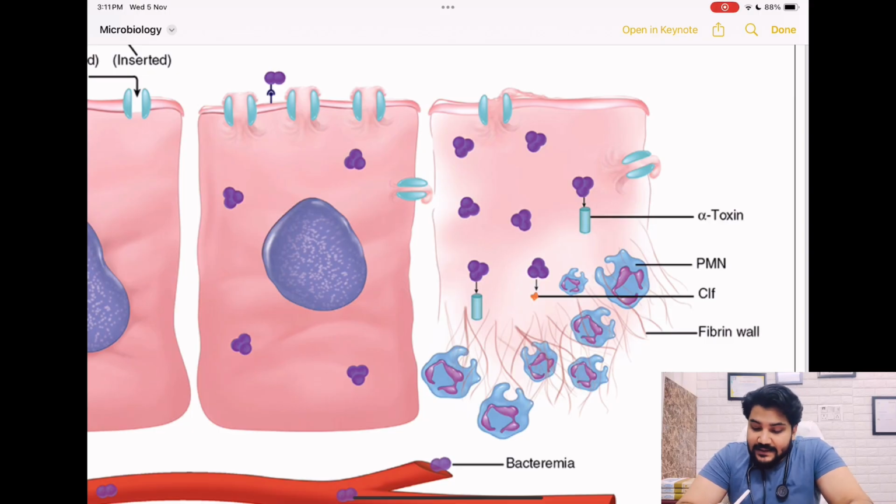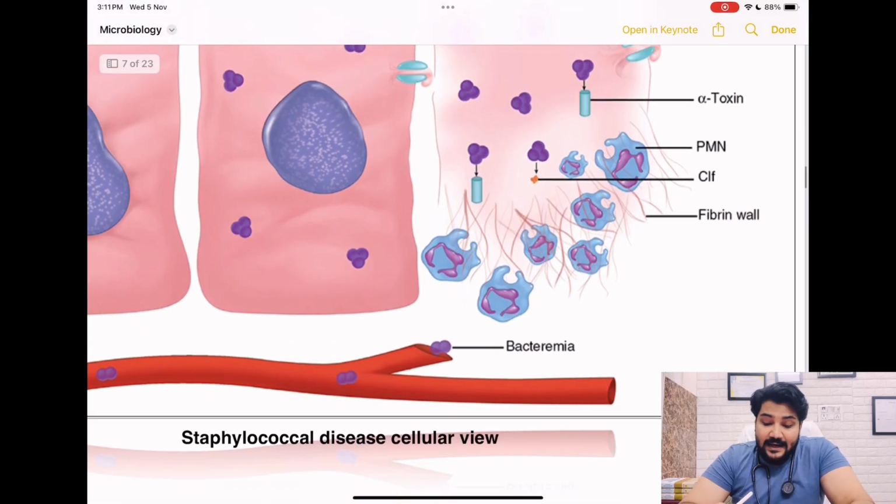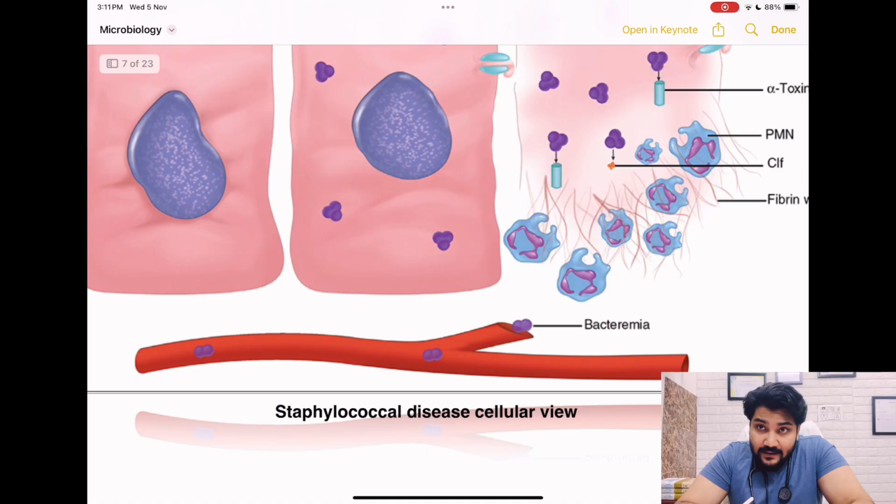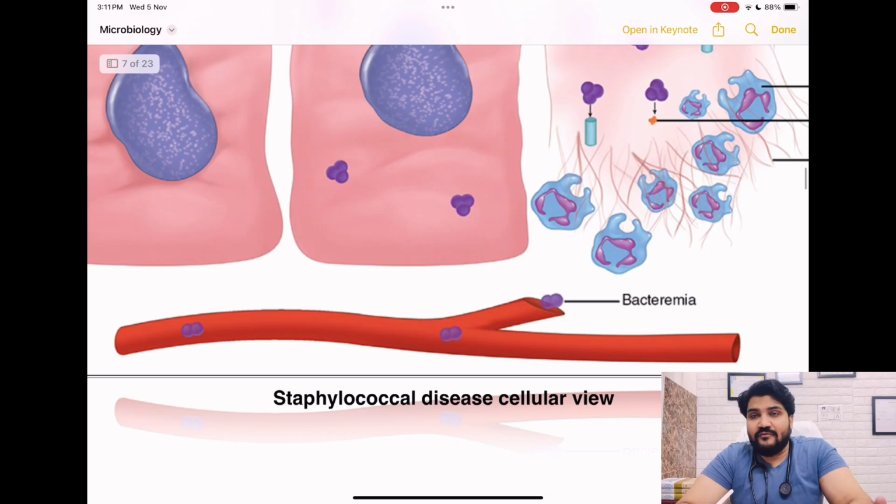Once they are in the cell, they will release certain factors. They will release more toxins, they will release CLF, and with the help of these, your polymorphs, that is neutrophils, will get attracted to the Staphylococcus. They will have inflammatory reactions, and then lead to the formation of pus and abscess, as I told you.